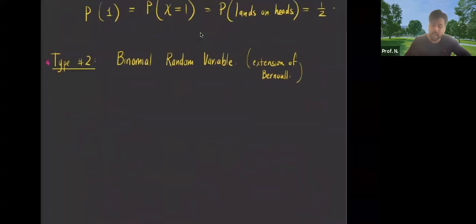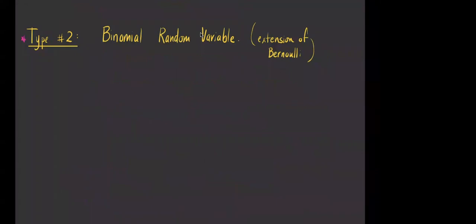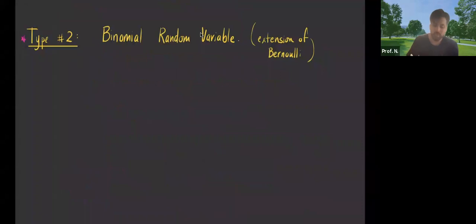But what happens if I don't want to consider a probability experiment being performed only once? What if I want to do it 3 times, 5 times, 10 times, 1,000,000 times? You see my point? With that, we have what's called a binomial random variable. So it's really a Bernoulli, it's just that I'm applying it n number of times.